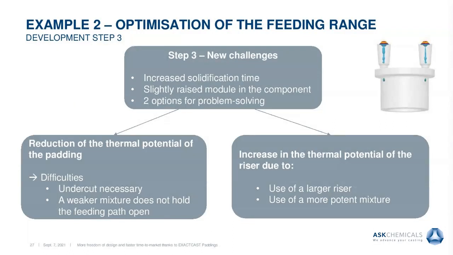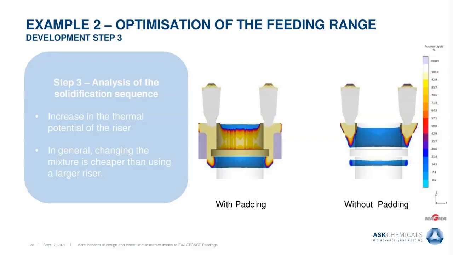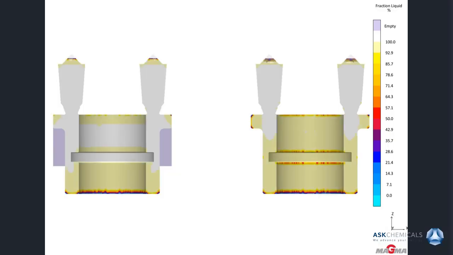But if you can put a little bit more energy inside, and we see we did not need so much here, maybe this could be a solution for us. So we look at the simulation with our riser mix with more power in our mixture.